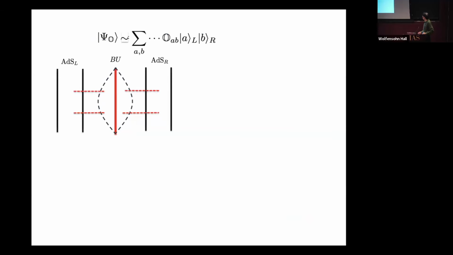And so the fact that this O_AB has erratic behavior has very important implications. For example, you can look at propagators in the AdS region, described by single trace operators, sandwiched between these states. And because of the state here involving this O_AB, which contains erratic behavior, okay?